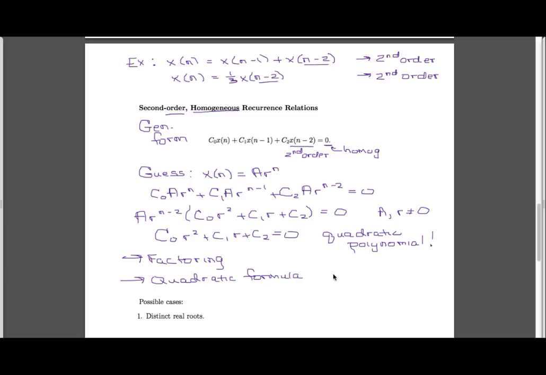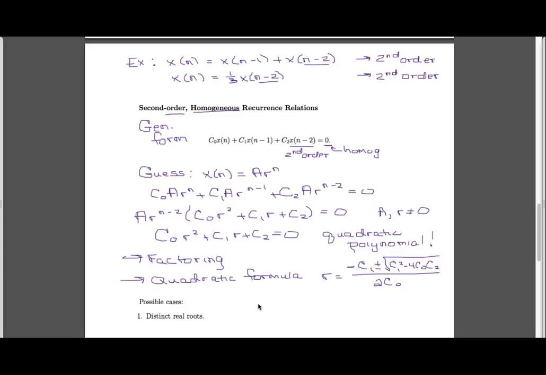In this case, the quadratic formula will give you that r is equal to negative linear coefficient plus or minus the square root of the linear coefficient squared minus 4 times the quadratic coefficient times the constant coefficient. So that's our negative b plus or minus square root of b squared minus 4ac, all over 2a, which in this case is 2 times C naught.